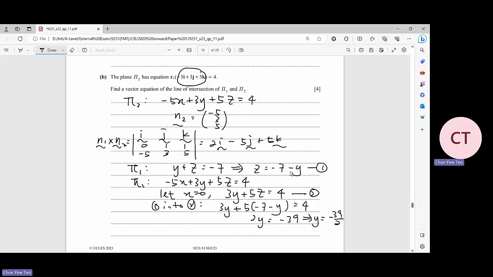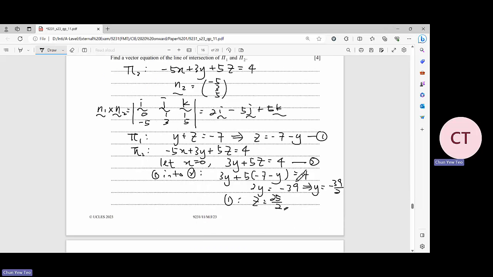And your z, if you substitute them inside equation 1, then your z will be +11 over 2. Let me check with the calculator. -7 plus 39 over 2. Oh, sorry, 25 over 2, not 11 over 2. +25 over 2. Okay, so this will be the y and z.